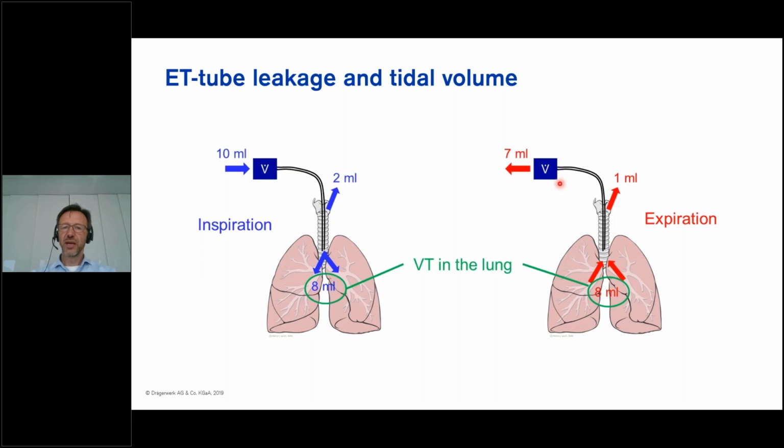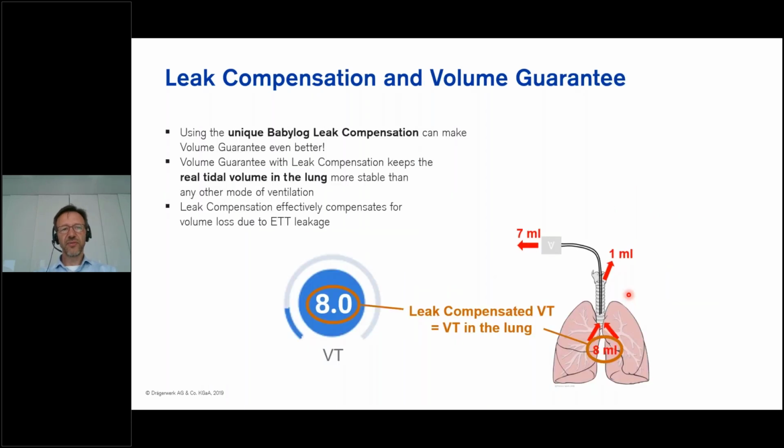So we see the ventilator measures an inspiratory tidal volume and an expiratory tidal volume, and both are not correct, but at least the expiratory one is closer to the real tidal volume in the lung, the 8 milliliters. Therefore, it was good for many, many years to use the expiratory tidal volume for monitoring. However, we tried to improve the situation, and so we developed a leak compensation algorithm.